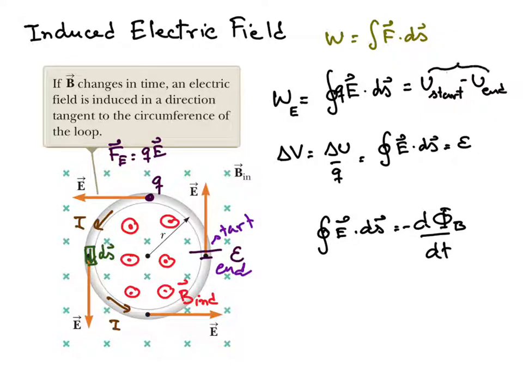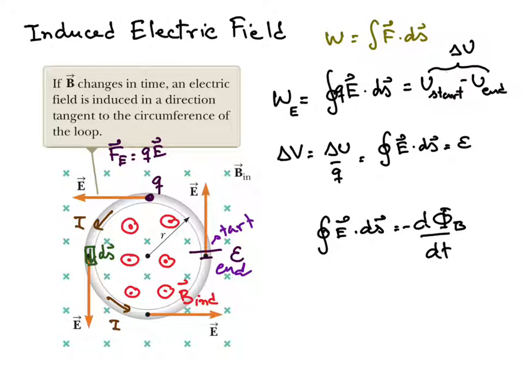If we divide by Q, we have the integral of E dot ds, and this delta V is the EMF, right? This is the electromotive force, the force that drives the charge through the circuit. Okay, so the integral of E dot ds is equal to the EMF.